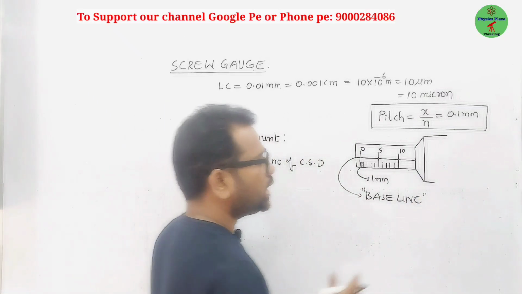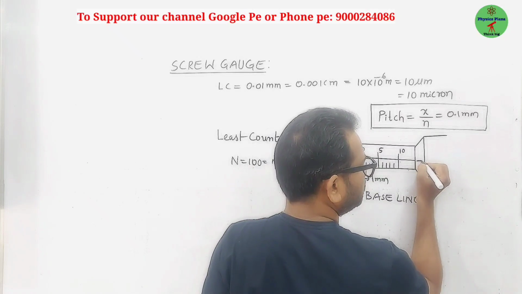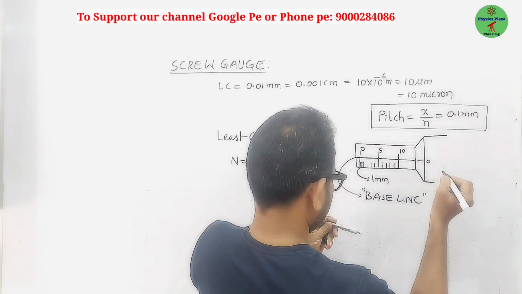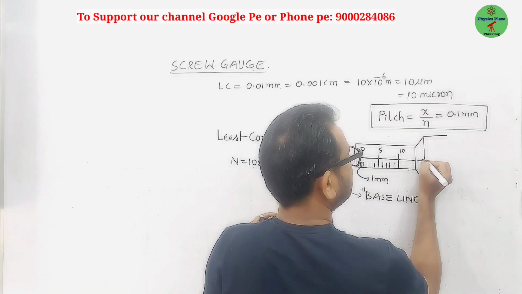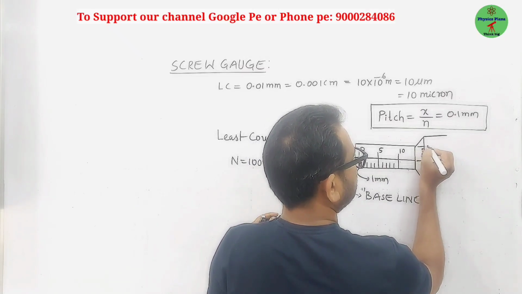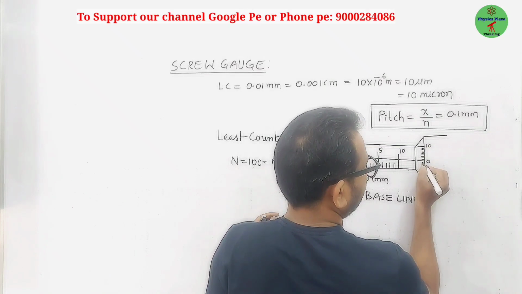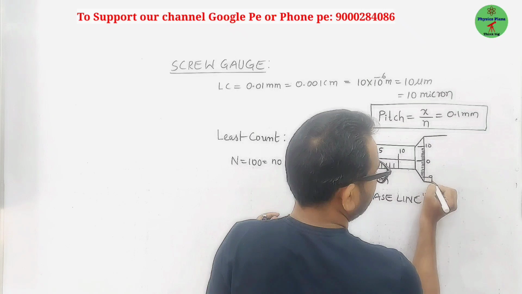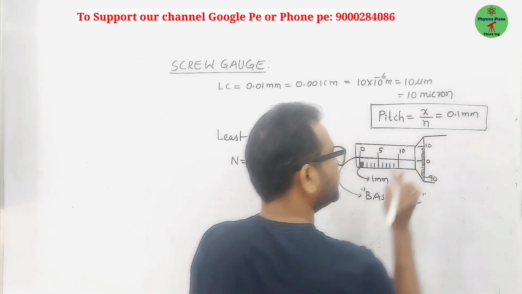Clear, fine. And as I told you, children, there are a number of divisions on the circular scale. Let us say 0, then 1 2 3 4 5 6 7 8 9, then 10, and again 1 2 3 4 5 6 7 8 9. This is 90, because 90 to 0 is again 100.